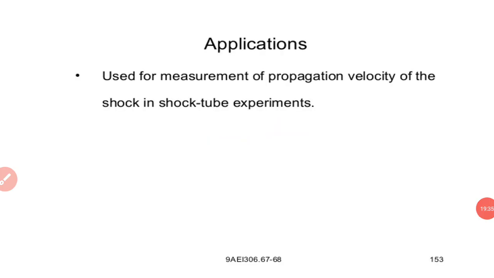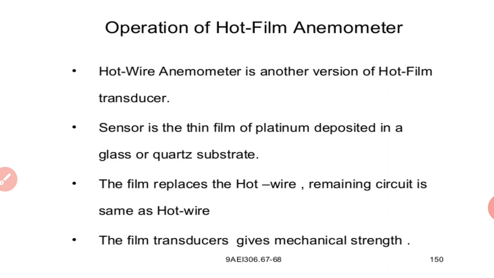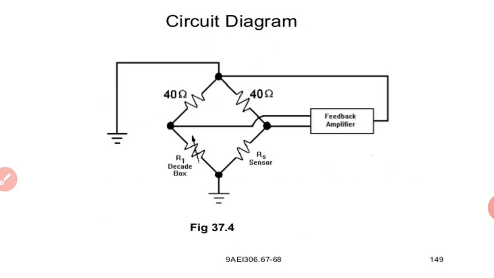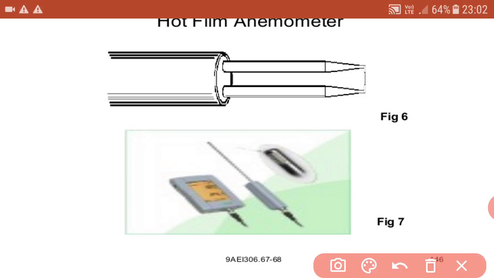Before closing, we see some advantages of this type of measurement. We are using an electrical technique in the measurement of velocity, which means its accuracy and sensitivity are high as compared to other techniques. The size of this hot wire anemometer is also very small as compared to other meters.